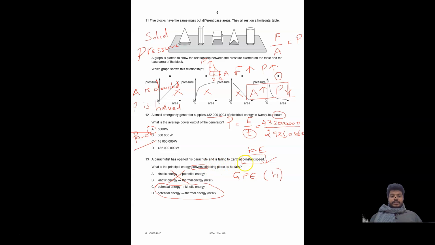So the GPE is converting to heat energy since he is falling at a constant speed. So here the keyword is constant speed. Constant speed, kinetic energy is constant. Please don't forget, there is a constant speed, kinetic energy is constant. So GPE is directly converted to heat energy.